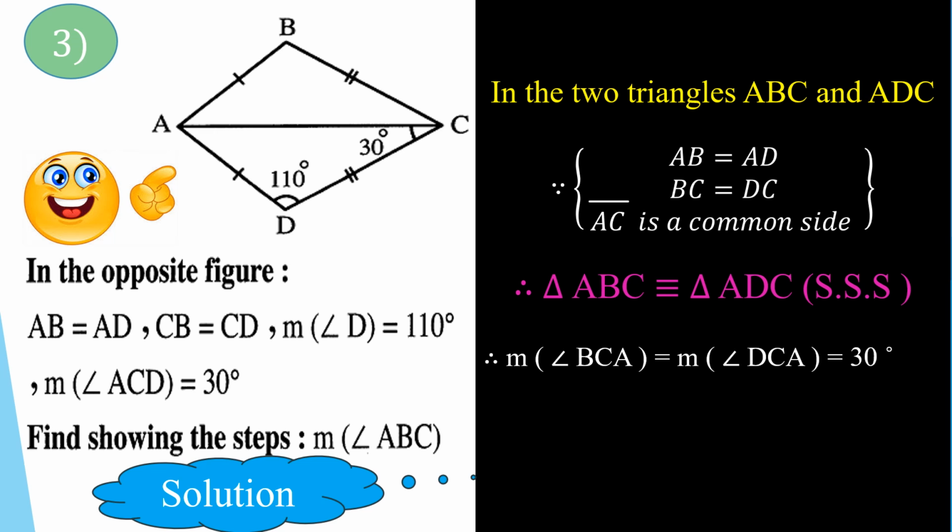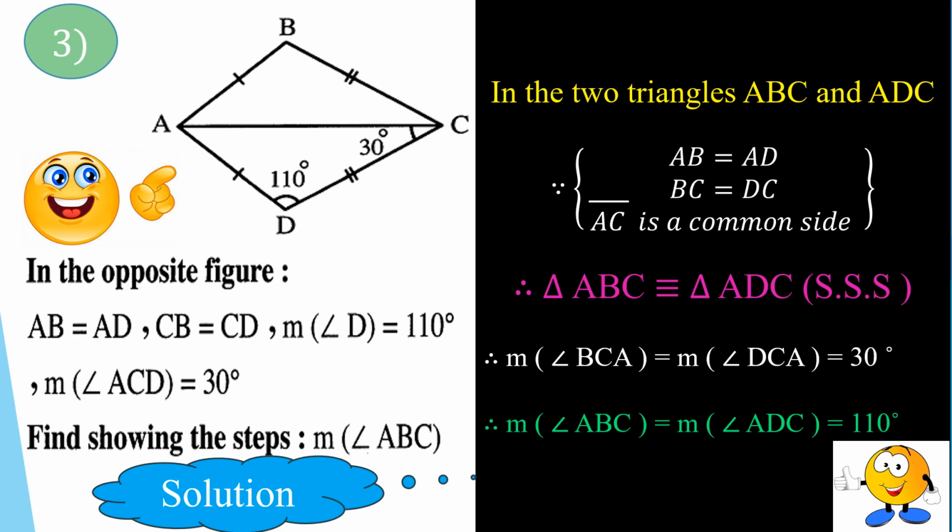Then measure of angle BCA equals the measure of angle DCA equals 30 degrees. Then measure of angle ABC equals the measure of angle ADC, which equals 110 degrees. At the end, thanks for your listening.